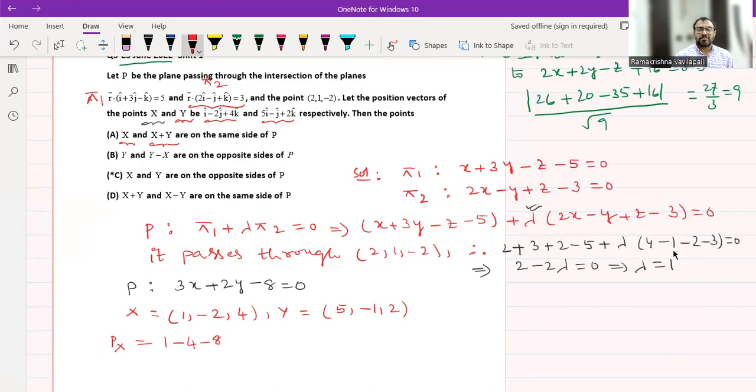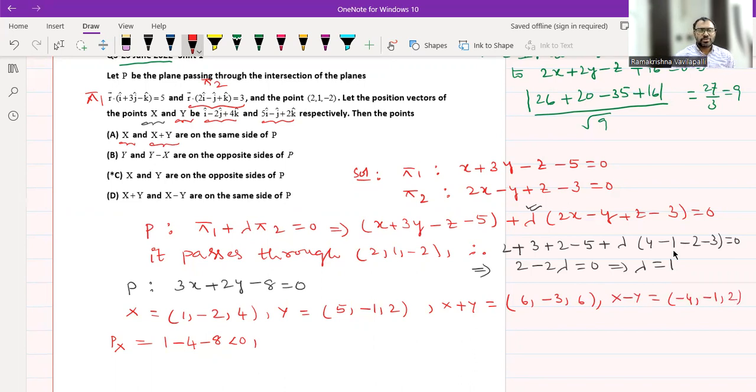You just need to check whether it is positive or negative. Negative. Now what is x plus y? So x plus y vector is, you will get 6 minus 3 and 6. They are asking x minus y and y minus x also. So what is x minus y? X minus y equal to minus 4, minus 1 and 2.